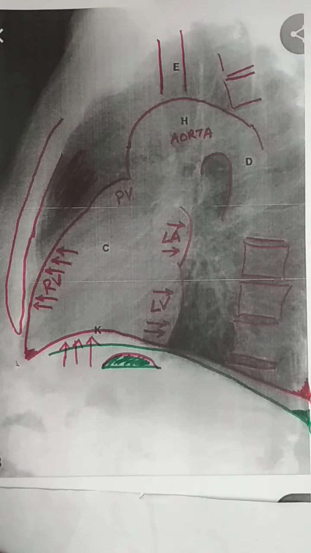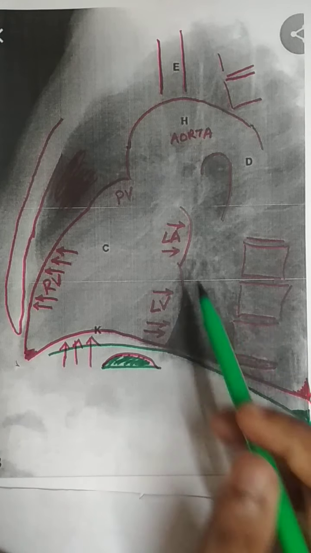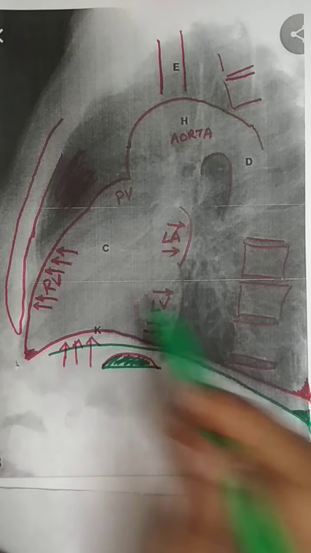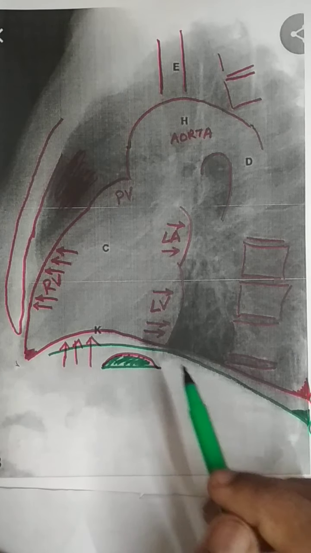Then F for the lung shadow. First you should mark the fissures, the oblique fissure and the horizontal fissure. Usually the oblique fissure and the horizontal fissure are not visible in the lateral X-ray, but you have to mark them so that we have an idea of the lobes of the lung. First mark the oblique fissure.